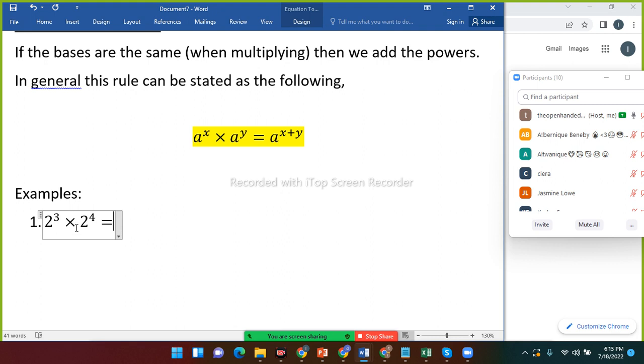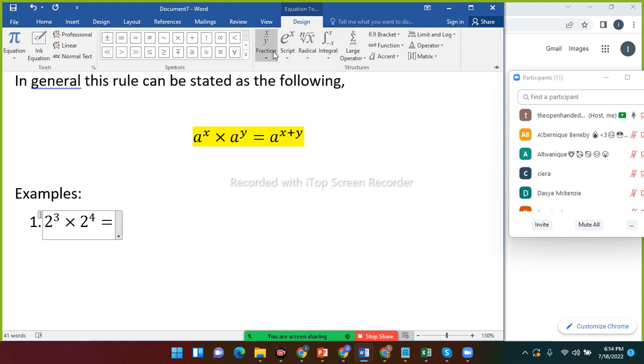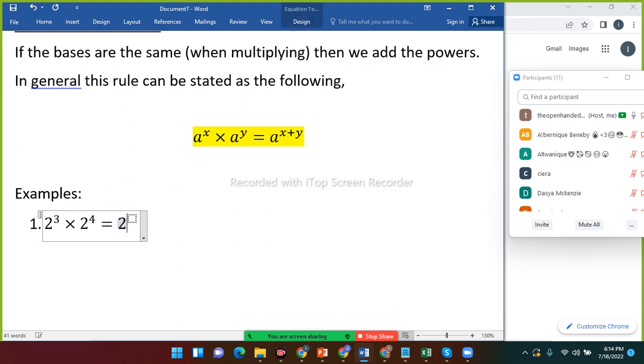Jasmine, what would my answer be? I have 2 to the power of 3 times 2 to the power of 4. It's 3 plus 4. Exactly, excellent. So it's going to be 2 to the power of 3 plus 4.